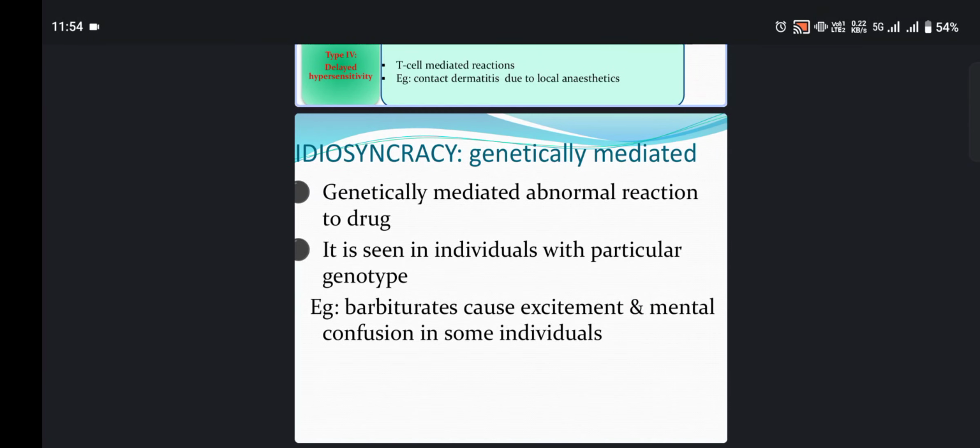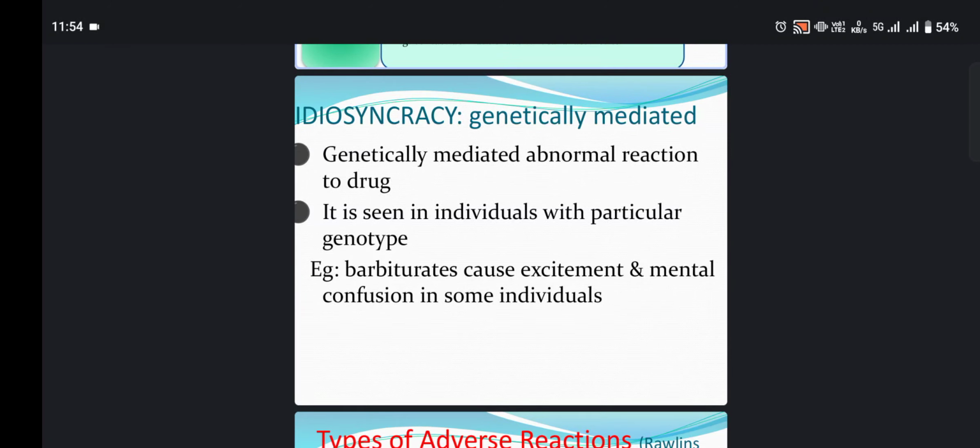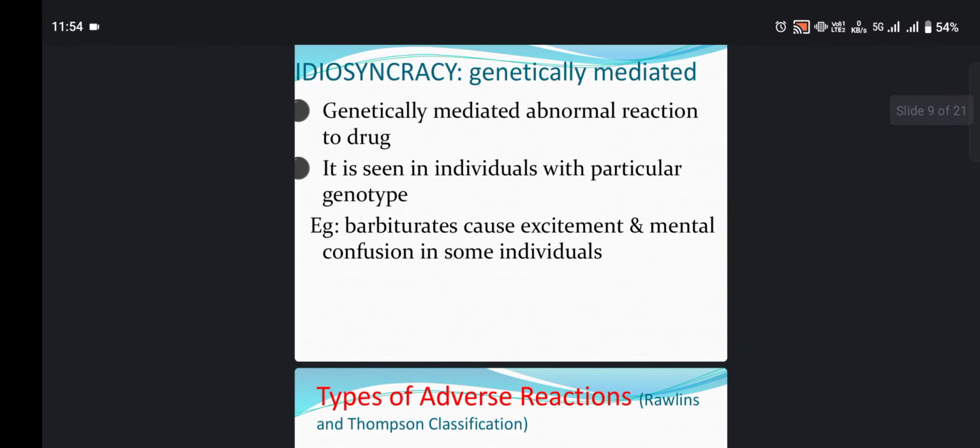So idiosyncrasy means genetically mediated. Our genetic makeup, our DNA or gene, is going to mediate these reactions against that particular drug. In some people, very few individuals, may have a different type of genotype against a particular drug, so automatically they will have some problems with it.